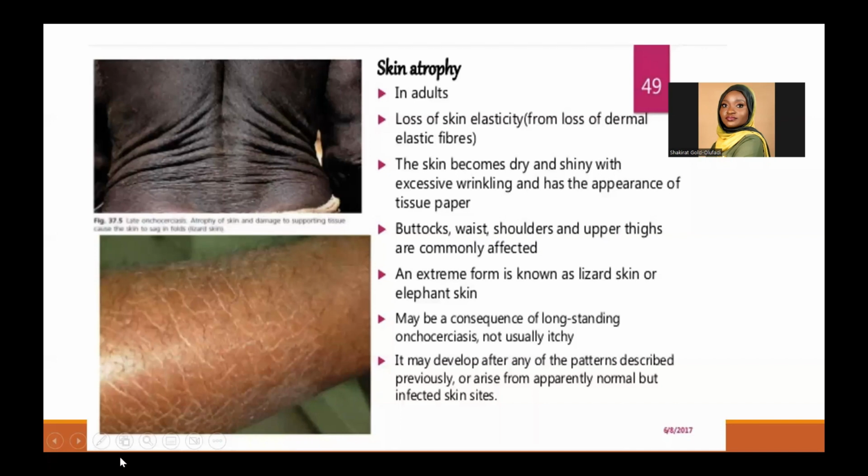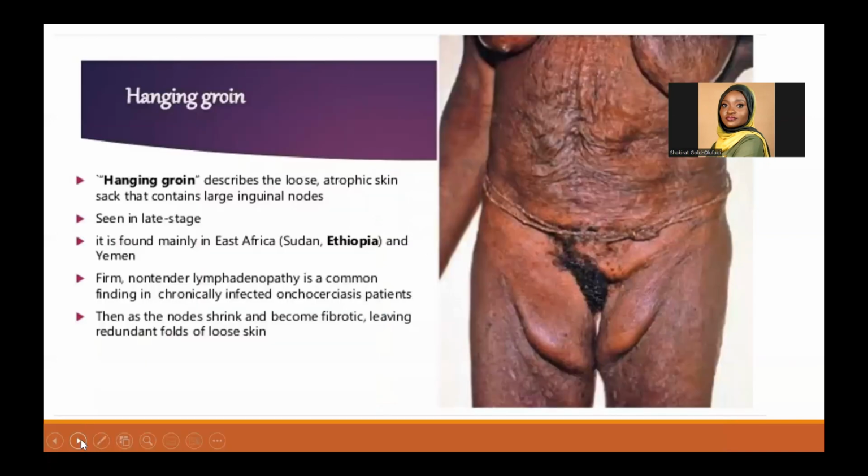So this is how late-stage onchodermatitis can present. This is what we call the hanging groin, and you can see that the skin is loose. It's just hanging, dangling everywhere from the loss of elasticity, and the skin has become thin or atrophic. And then sometimes there are also inguinal lymph nodes. The lymph nodes here are quite enlarged and are hanging.